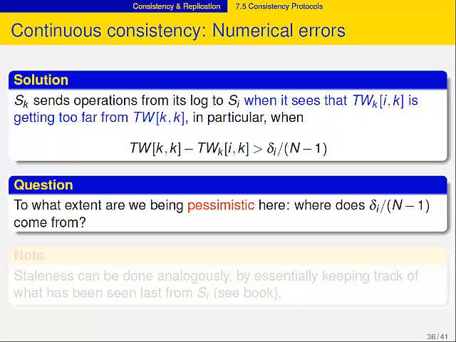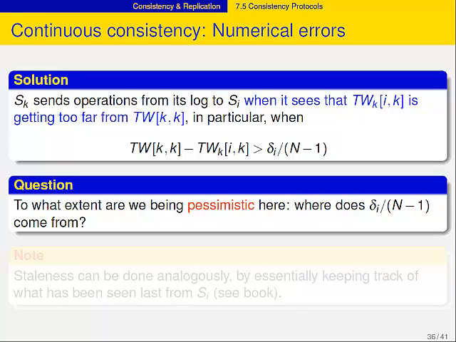So in principle, if every other server instantly forwards its updates to S_I, you can hold back for delta units, because in that case you're still meeting the specification, namely that the total deviation is less than delta.